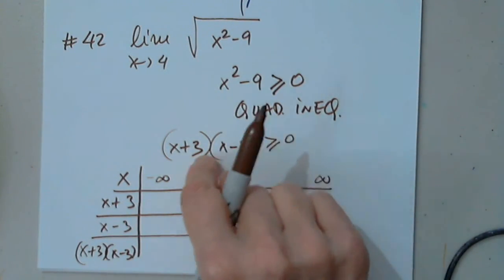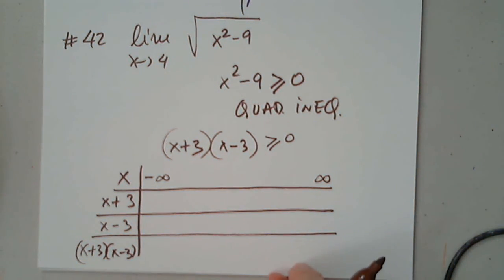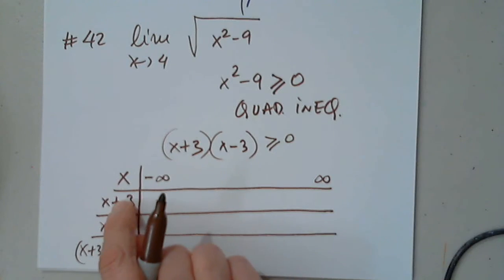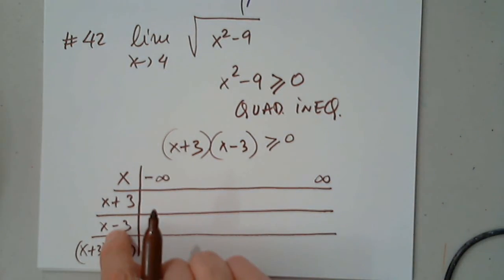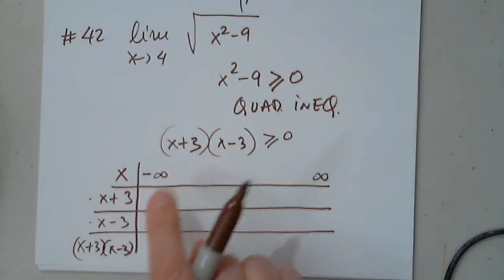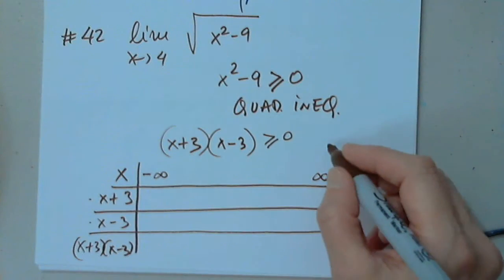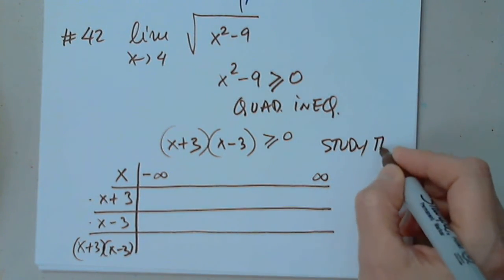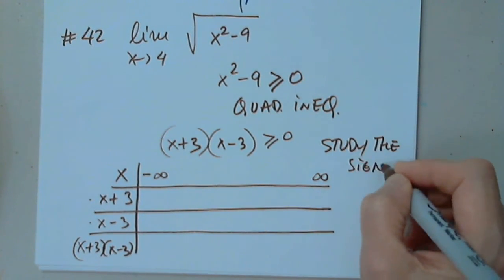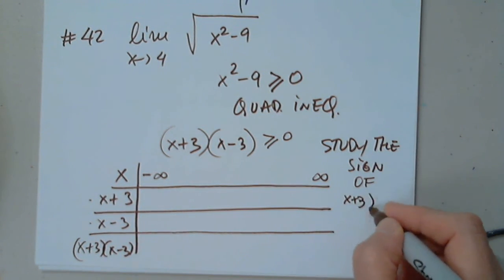So x can be any number between negative infinity and infinity. Then I copied the first factor. Then I copied the second factor. I'm not really interested in this or this. I'm interested in the product. So I'm using this table to study the sign, just the sign of x plus 3, x minus 3.